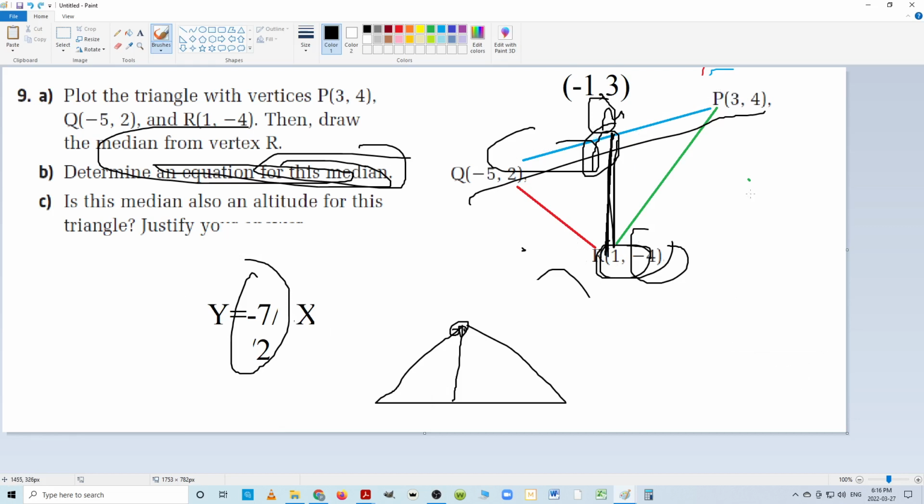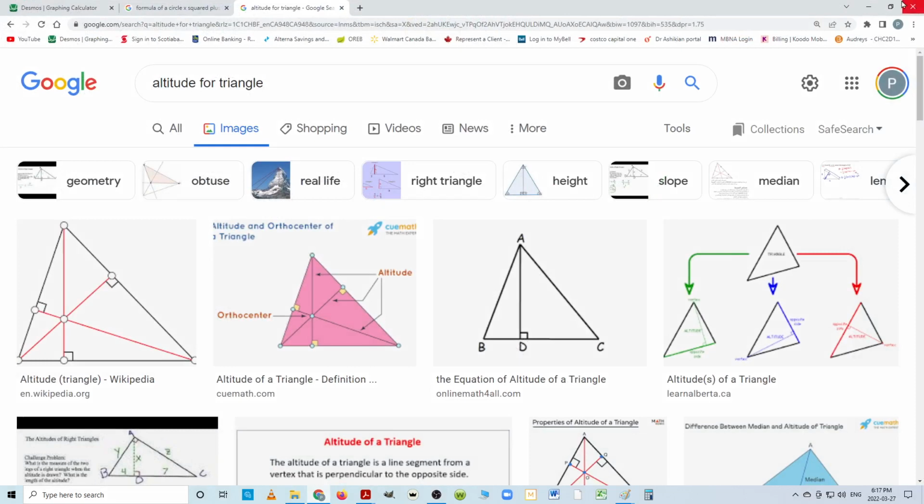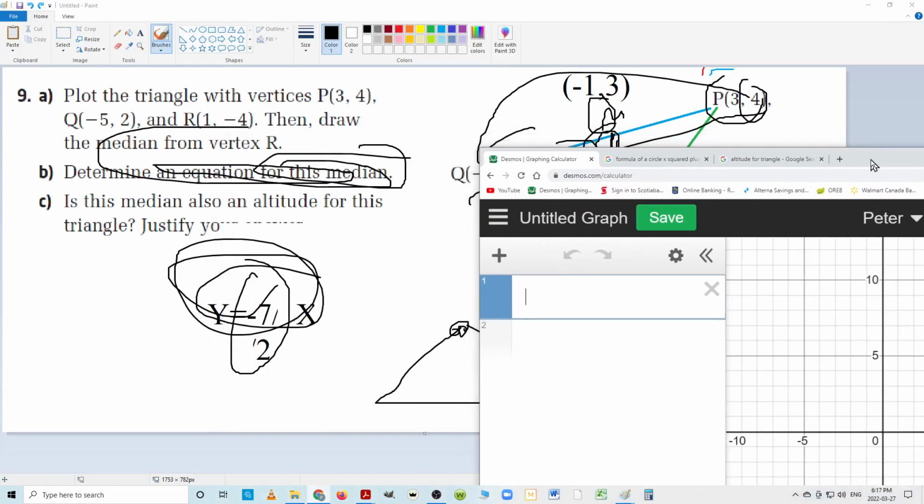Well, let's look at PQ. 4 minus 2 is 2. And 3 minus 5 is 8. Now, I might have done a calculation error, because that's damn close to that. So I would check my calculations, and I would even draw it on graph paper to get a much better idea here.